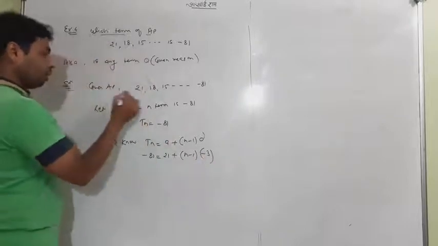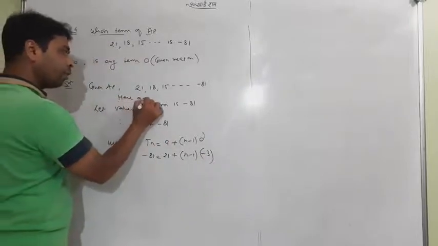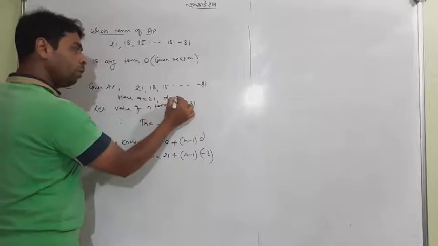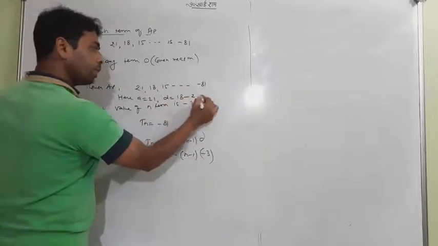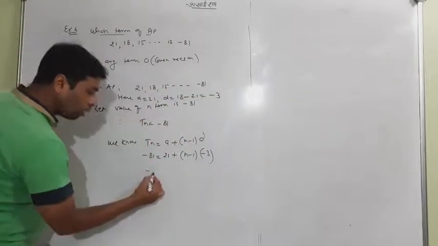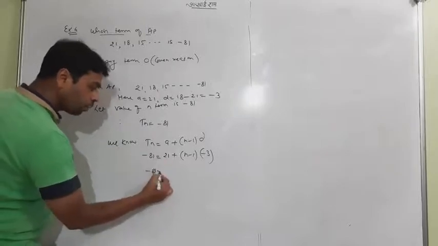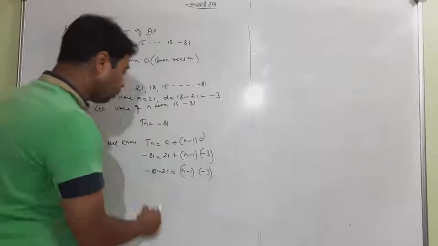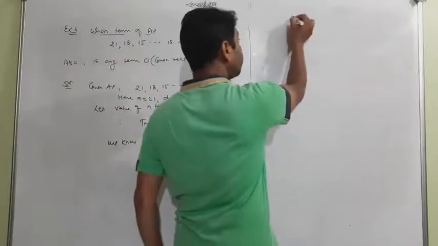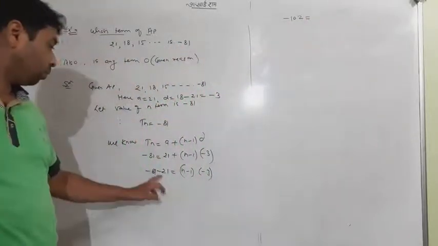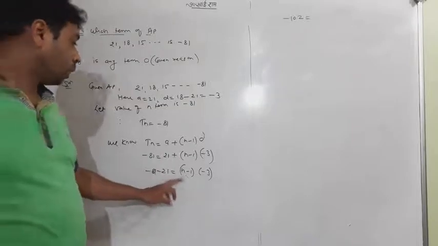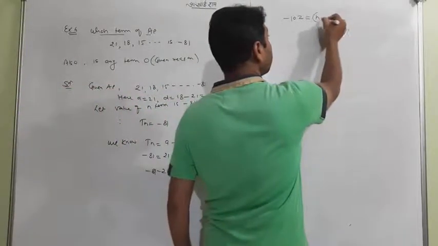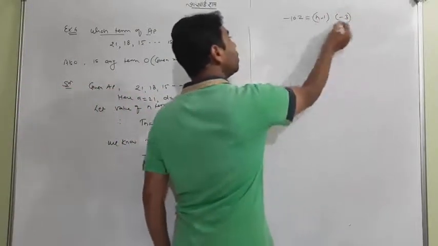So I write a equals 21 and d equals 18 minus 21 equals minus 3. Minus 81 minus 21 is equal to (n minus 1) into minus 3. These two give minus 102, and this is (n minus 1) into minus 3.